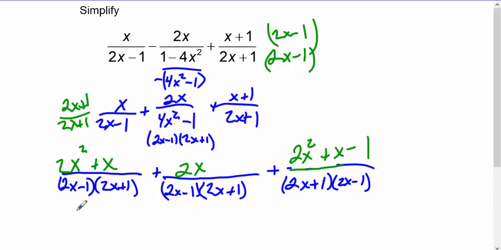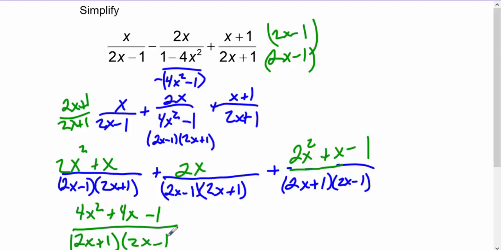Add your like terms. This is a 4x squared. x times 2x is 4x. Only one constant, minus 1, over 2x plus 1, 2x minus 1.